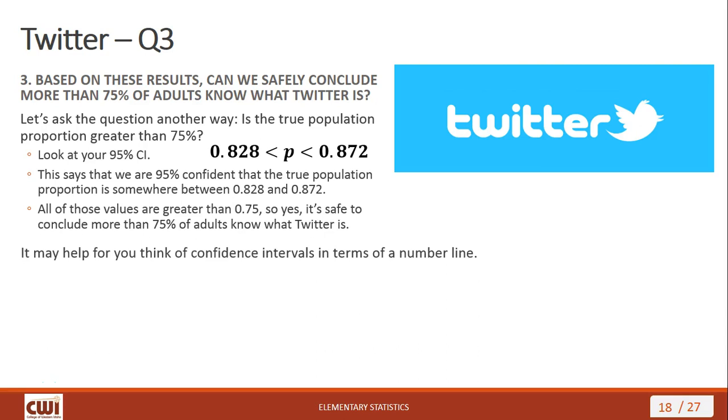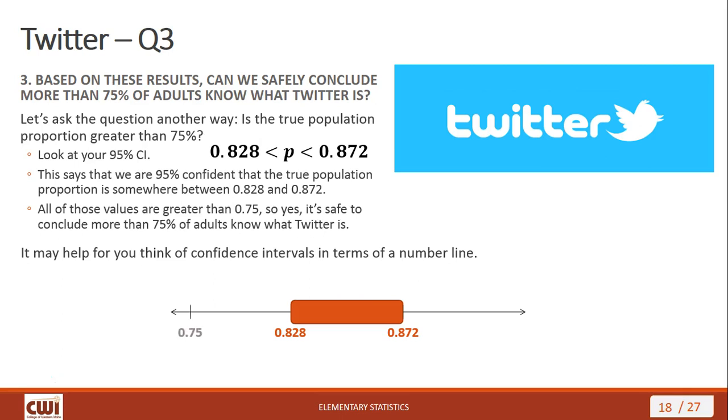It may help, if you can't conceptualize it in your head with what I've just described, to think of confidence intervals in terms of a number line. So here's a number line with the upper and lower limits for our confidence interval. The true population proportion is located somewhere in between those values. The question we're asked is, can we safely conclude more than 75% of adults know what Twitter is?